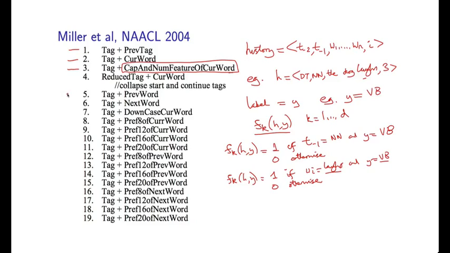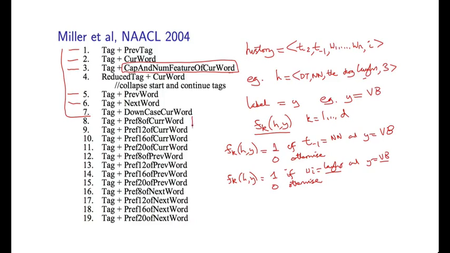We have features which look at the tag in the previous word and tag in the next word. These are all pretty standard features, exactly the kind of thing we saw in the previous lectures on log linear taggers, so nothing new there.